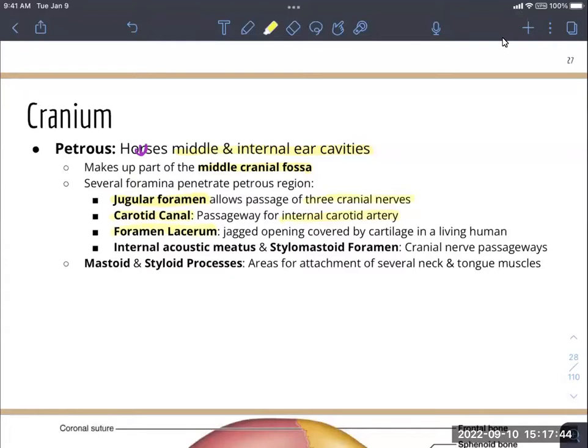Foramen lacerum, kind of a jagged opening, but it's covered by cartilage when you're alive. When you're not alive, after you die, it's more of a foramen at that point. Your internal acoustic meatus and your stylomastoid foramen, more cranial nerves. You have your mastoid process and your styloid process. That's where muscles attach.